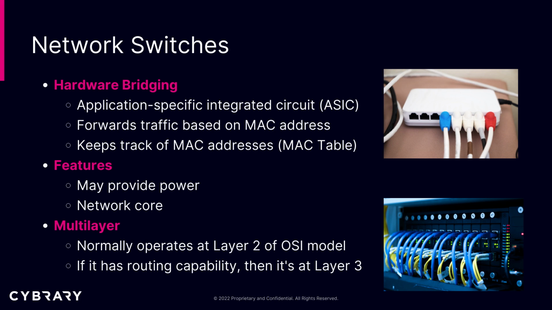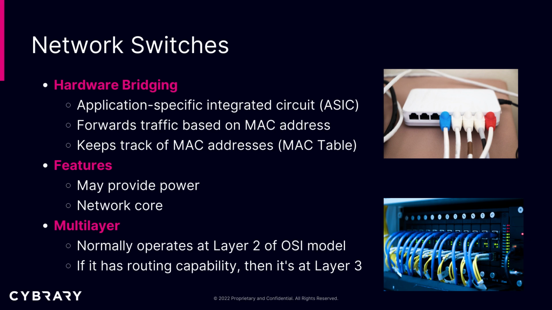Network switches are very robust. They forward traffic based on MAC address. There's a MAC address table that it holds, and it knows that if a signal is coming from one MAC address and is targeted to another, it knows what port that MAC address is on, and it sends it to that port.